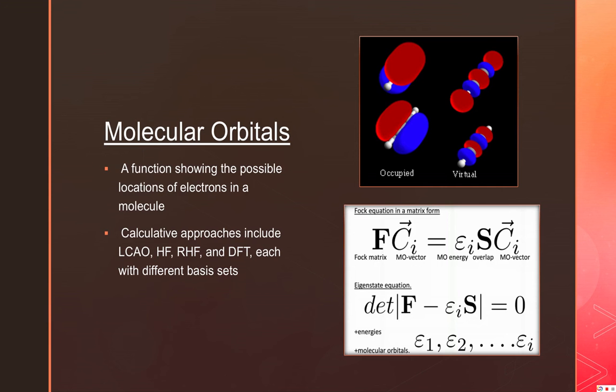So which of them are shown here in this example? In this case, the virtual ones are going to be your antibonding, and your occupied states are going to be your bonding orbitals.